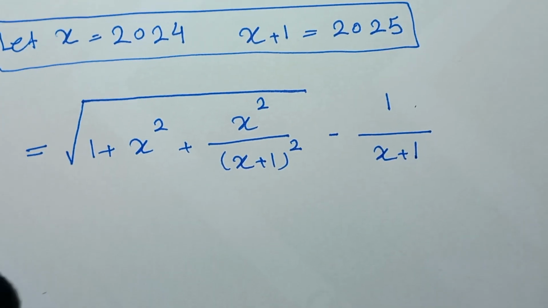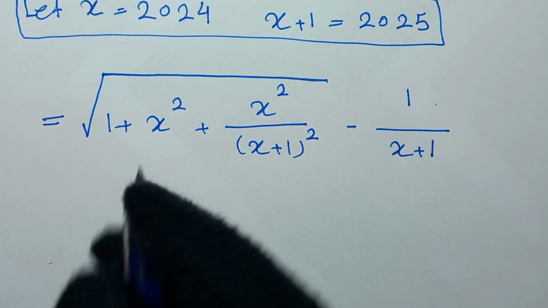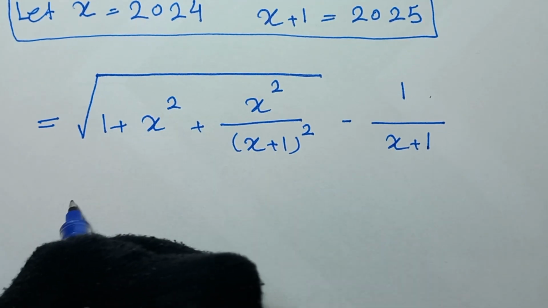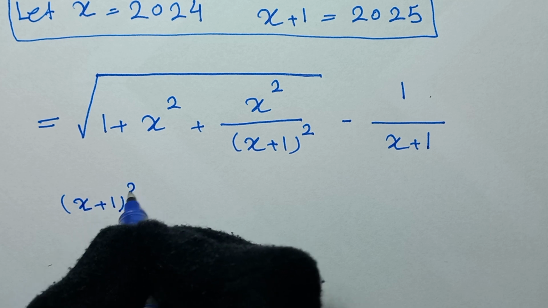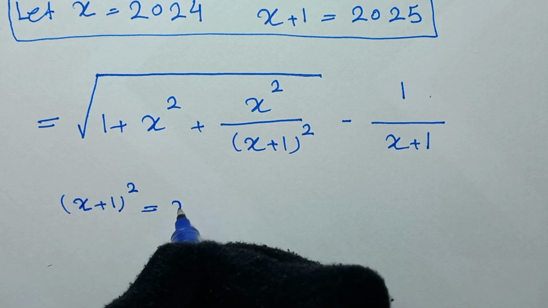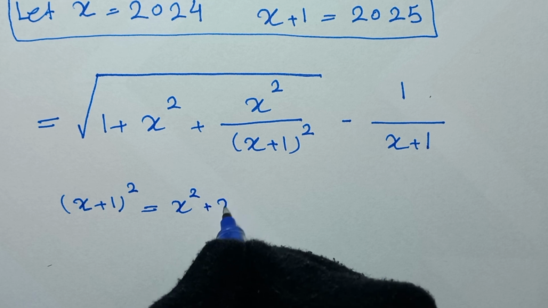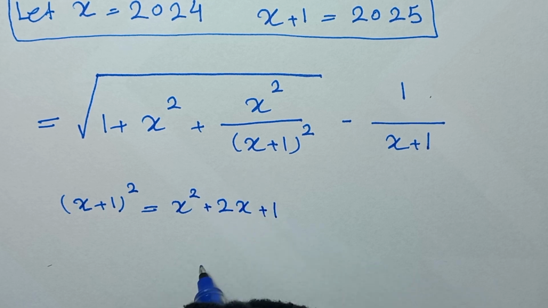So, in the next step, we have 1 plus x squared. If we have (x plus 1) to the power of 2, this is equal to x squared plus 2x plus 1, right?